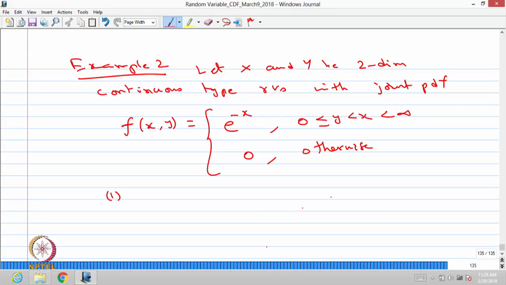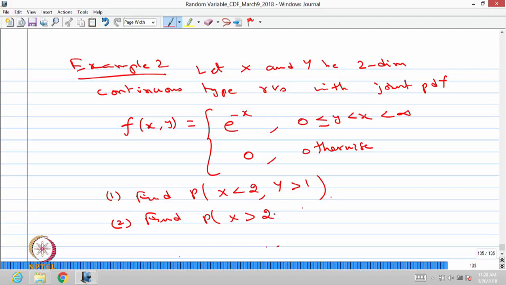The question here is, find the probability of x is less than 2 and y is greater than 1. And the second question, find the probability of x is greater than 2 times y.